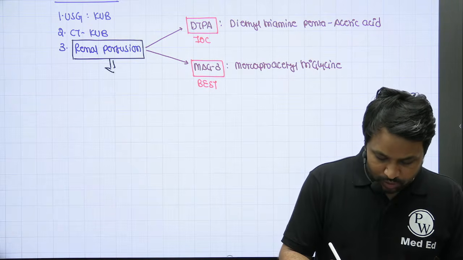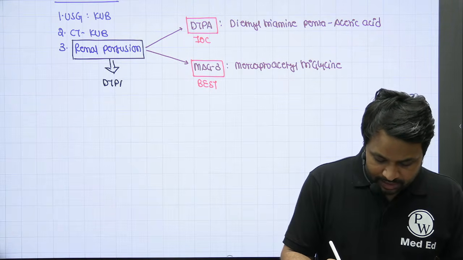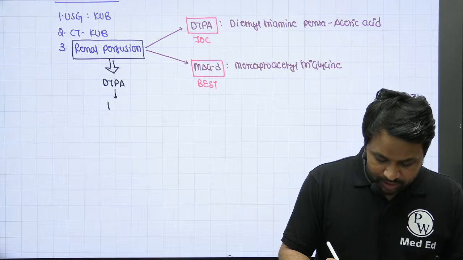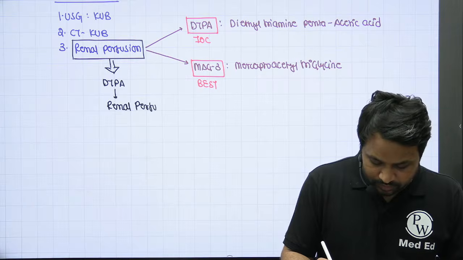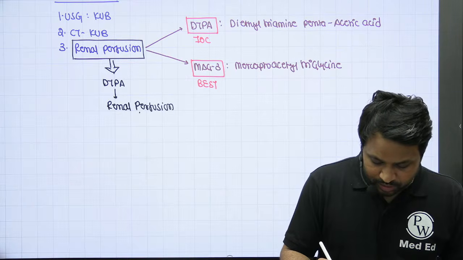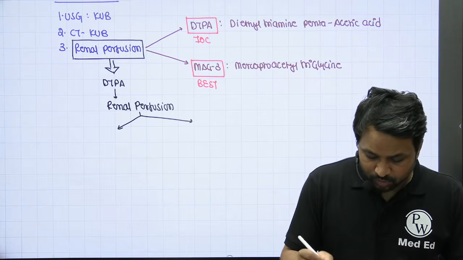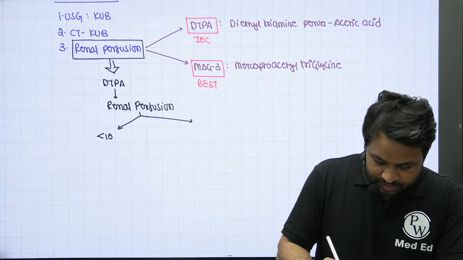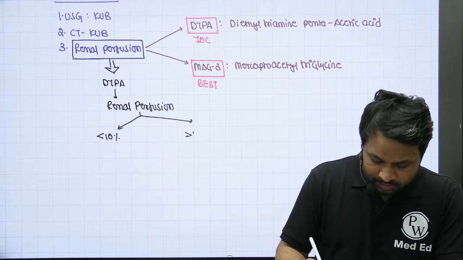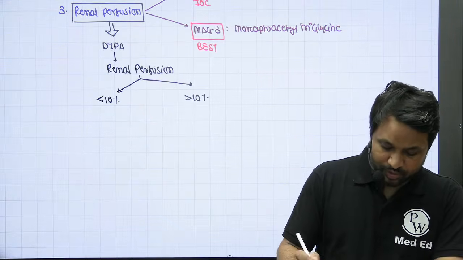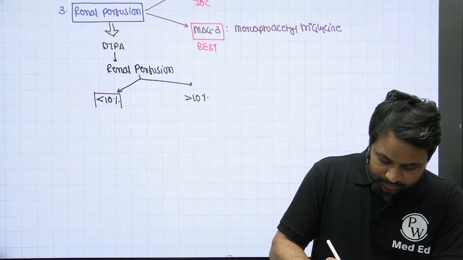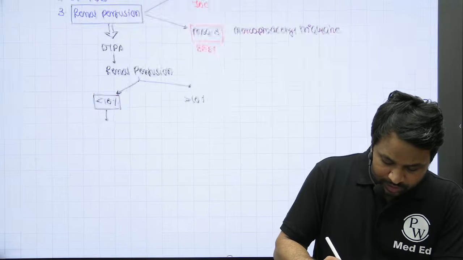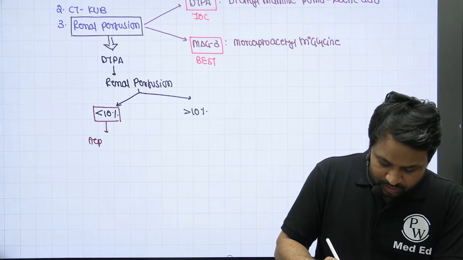So once you do a DTPA scan, I will assess the renal perfusion and we'll see if the renal perfusion is less than 10% or more than 10%. If it is less than 10%, then you have to take the patient for nephrectomy.